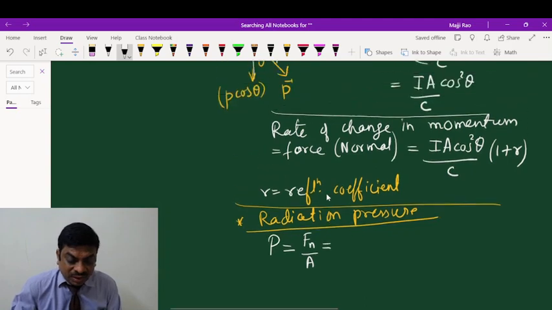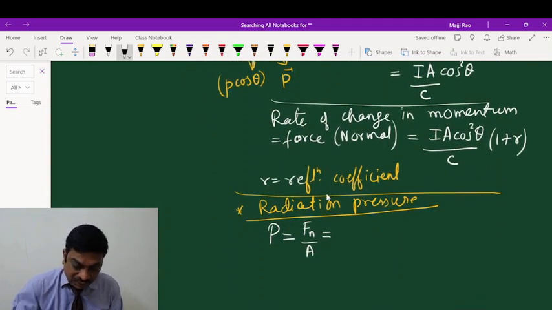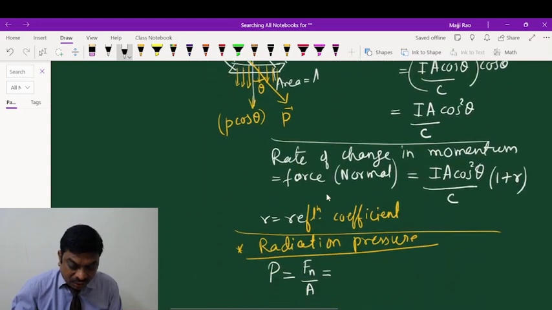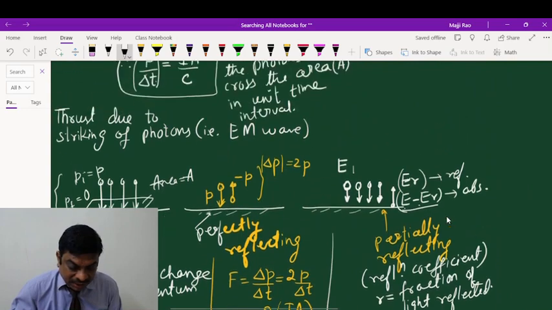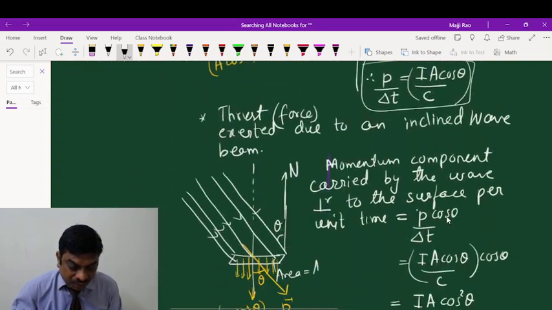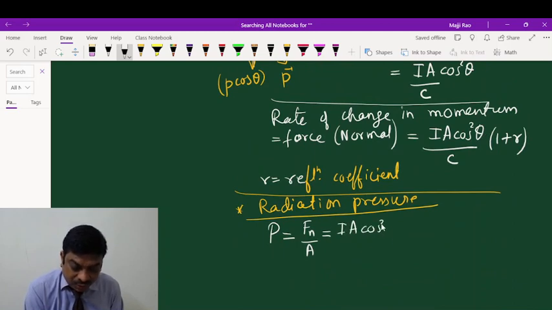We have been calculating the normal force, students. In all the cases, you can see the normal force is I a cos square theta by c, divided by a.